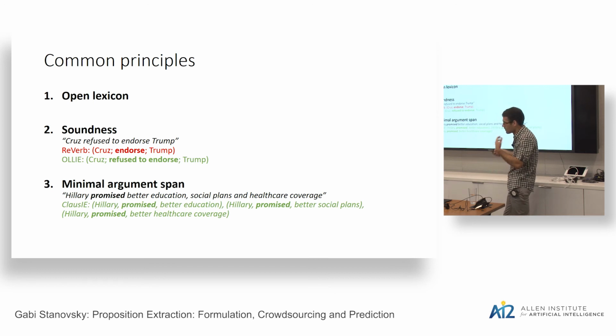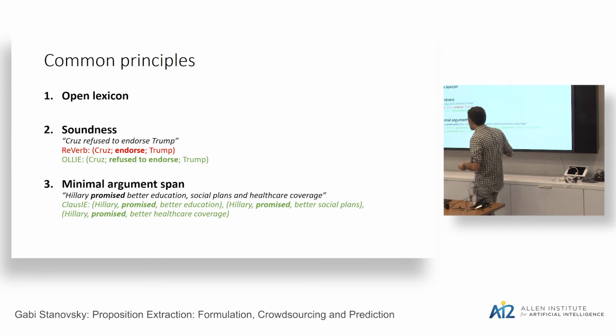And third, very related to the previous point, you want to have shorter argument spans. So if you can get Hillary promised better education, social plans, and healthcare coverage, I think most OpenIE systems, by reading their papers and by looking at what they do, want to split this into several standalone propositions, each of which can be used in a downstream system, as opposed to just extracting a single proposition saying Hillary promised all of this.